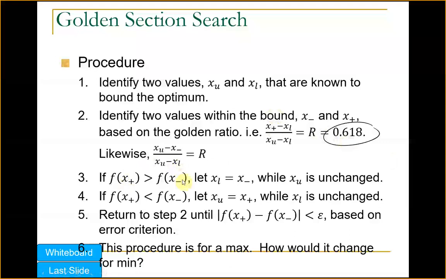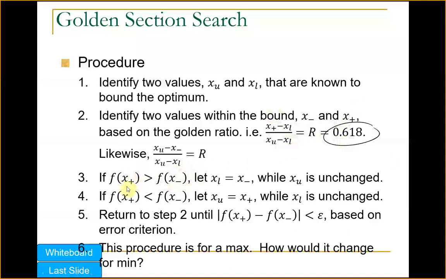If, for example, the positive function, we call the positive the one to the right, and the negative is the one to the left.